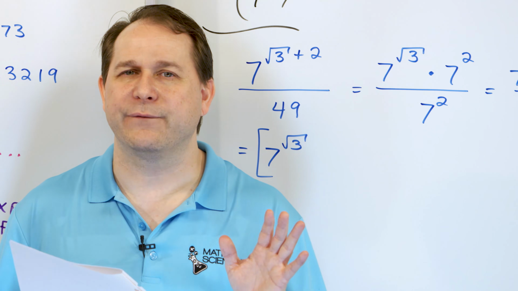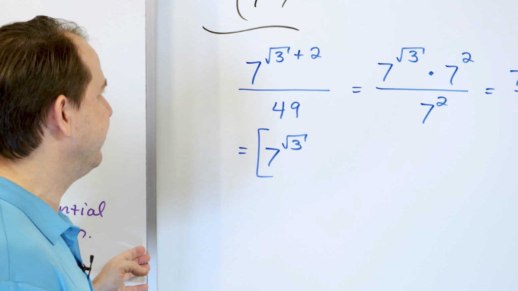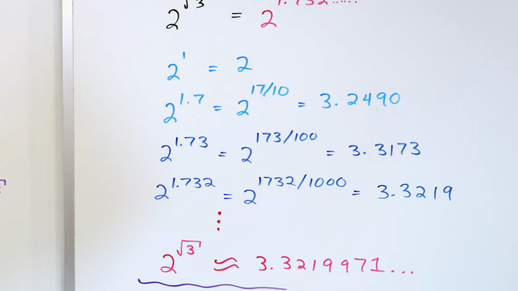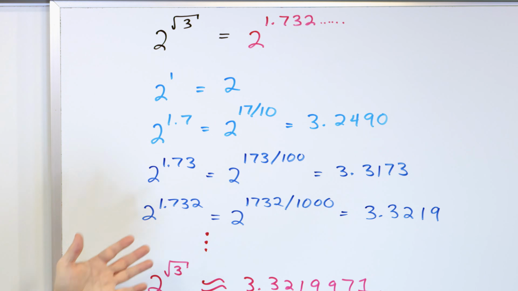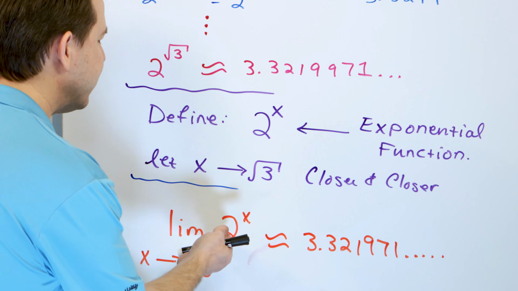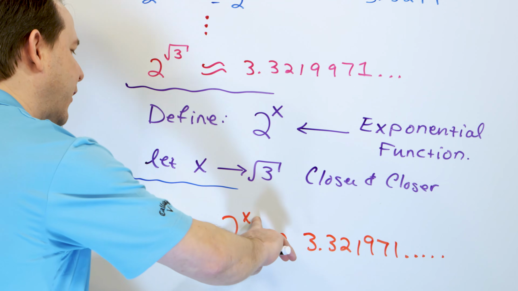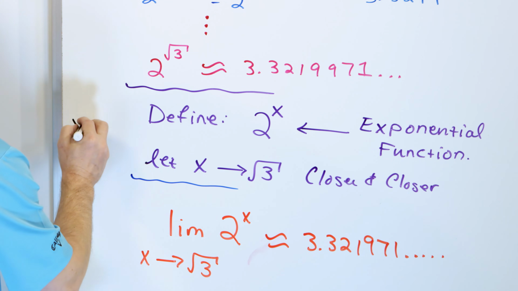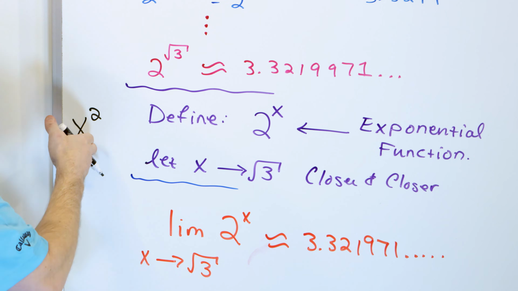The main thing for you to understand is that anything you have in an exponent follows the rules of exponentiation that we've learned. Now, if you want to learn the details behind how a computer calculates those numbers on the screen, we kind of went through that. We talked about the concept of a limit, where in calculus you're going to learn that you can have a function. This is called an exponential function, where the variable itself is in the exponent. x squared is not an exponential function because that is just a variable raised to a number.